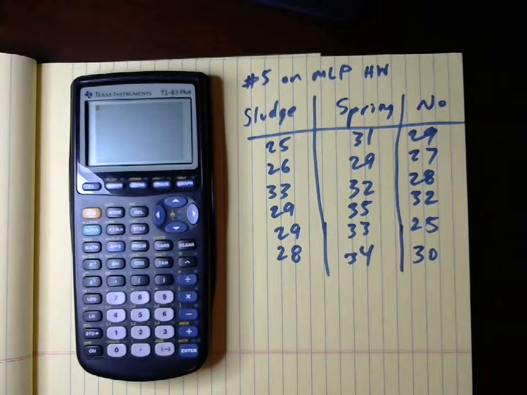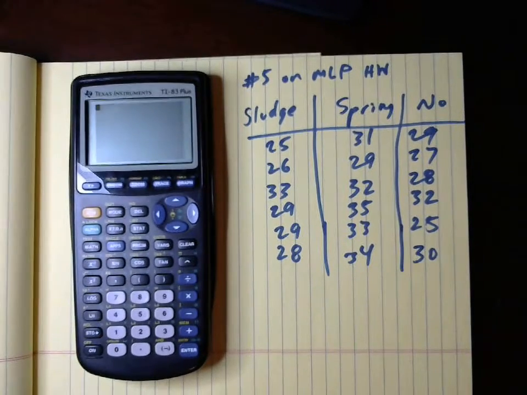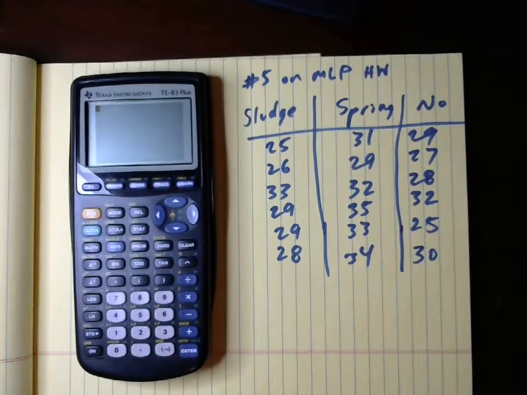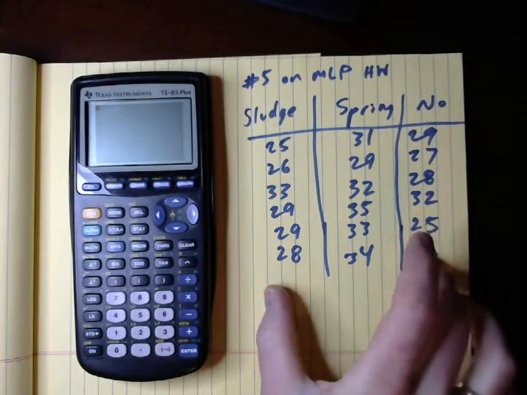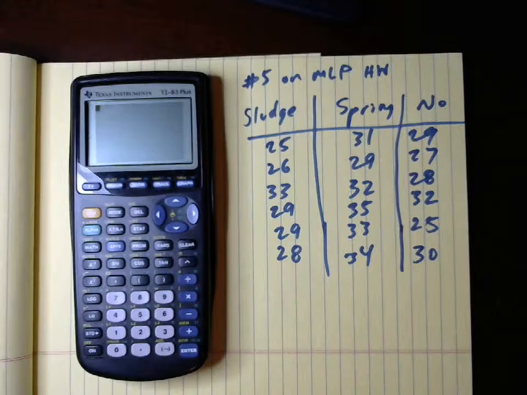In chapter 13, we use a process called a one-way analysis of variance, or ANOVA, A-N-O-V-A. And I'm going to do things a little bit differently this time, which is start with a problem and show you how to do it on your calculator.